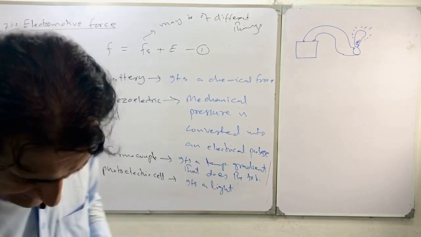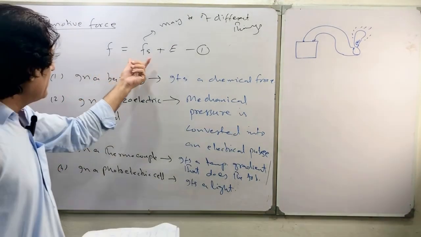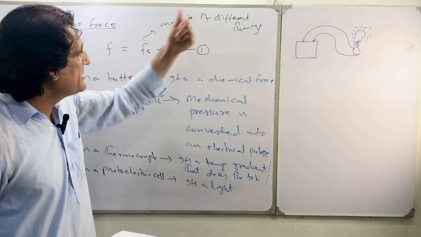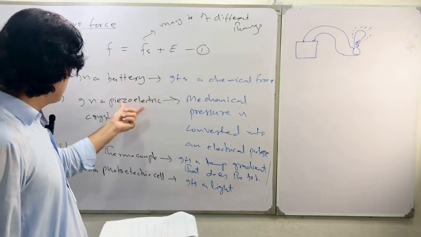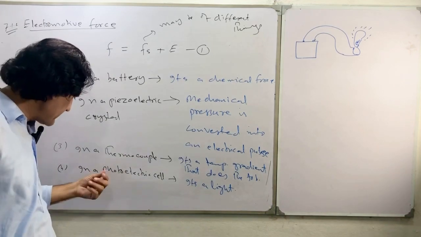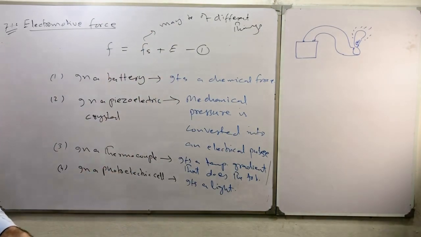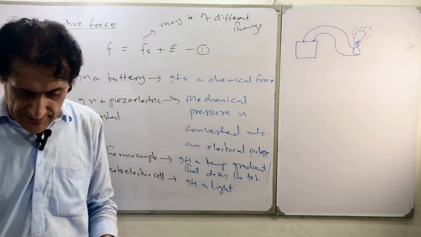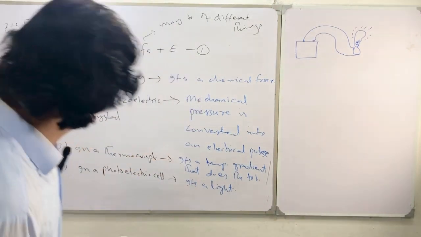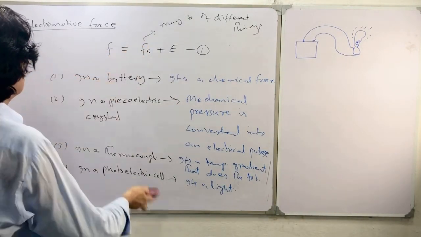So these are different sources. Fs is not only the battery, it may be a piezoelectric crystal, a thermocouple, or a photoelectric cell. These kinds of things can provide the source.